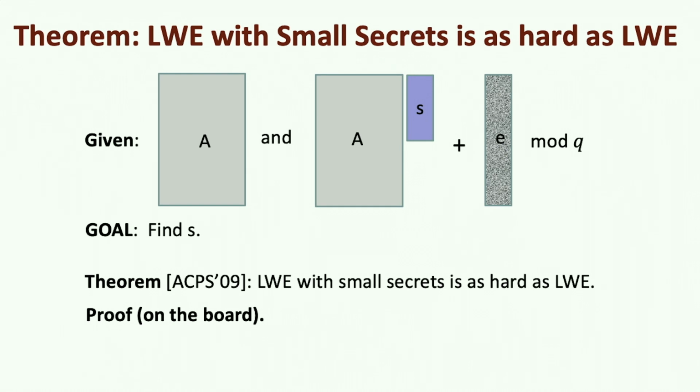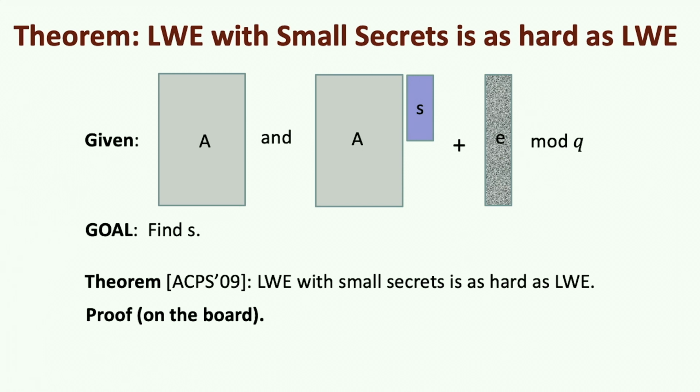Now take the second set of equations and do variable substitution. So what do I get? I get A2 times S, which is A2 A1 inverse, B1 minus E1. I just did variable substitution.